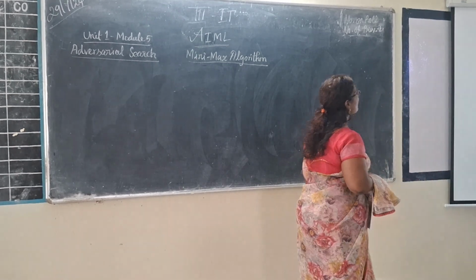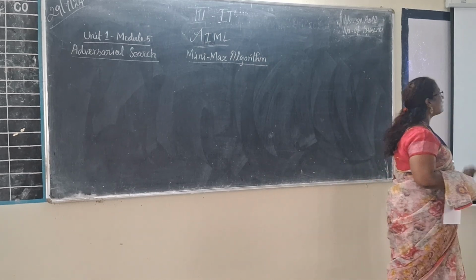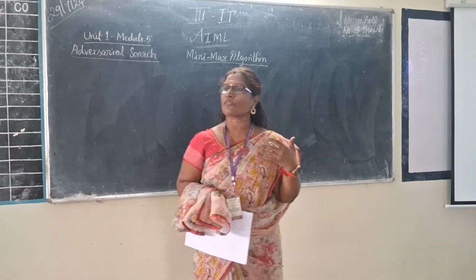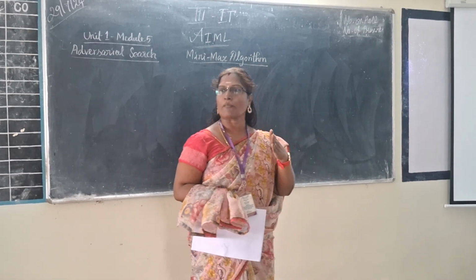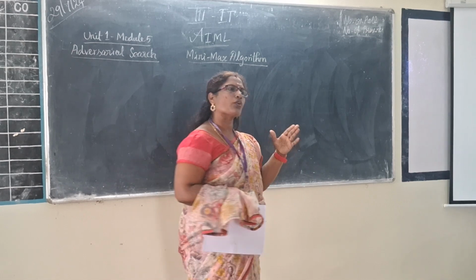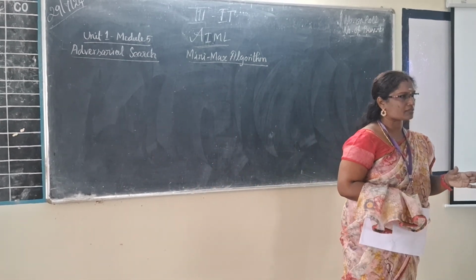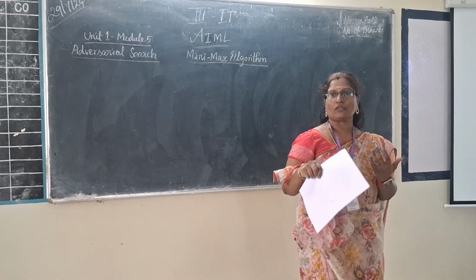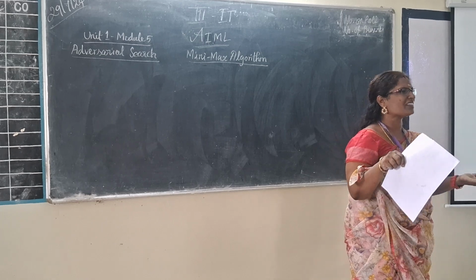Okay. So now what is adversarial search? It is search in which two or more players have conflicting goals, which means competitive goals. If both are just going along at the same pace with no competition, there also we don't go with adversarial search. When there is a competition, one is trying to win and trying to make the other lose.